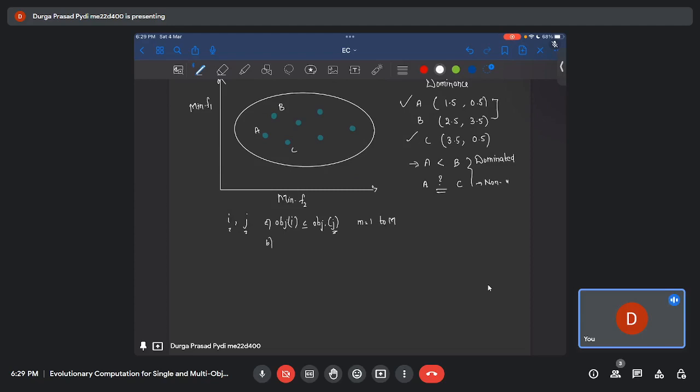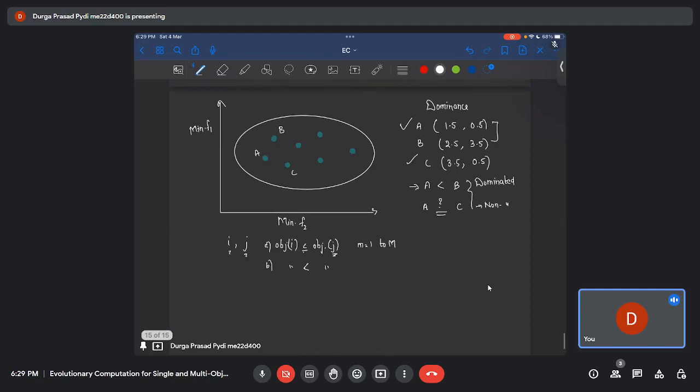The second condition is that there should be at least one particular case where this is strictly less than the other. If you relax the second condition, then both can be considered non-dominated. But if you keep it, where you do not want any equality between them, you say it is dominated. It depends upon your definition. I hope you got it, or did I confuse you more?